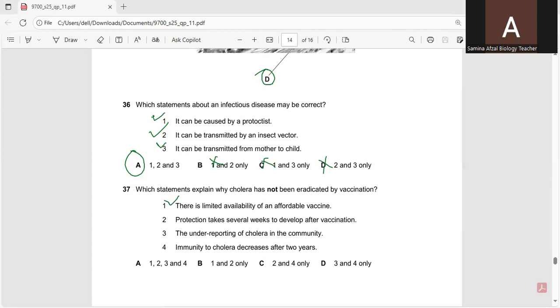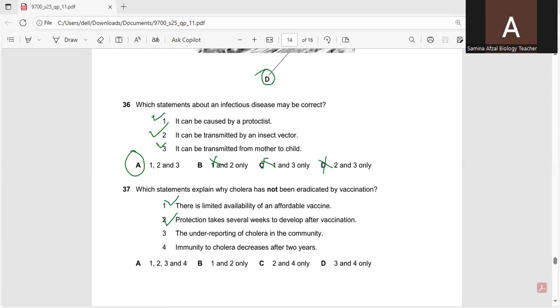The second is that protection takes several weeks to develop after vaccination. This delayed onset of immunity is a significant issue. In the midst of an outbreak, people need immediate protection, but the vaccine does not provide it right away. So it can also be correct.